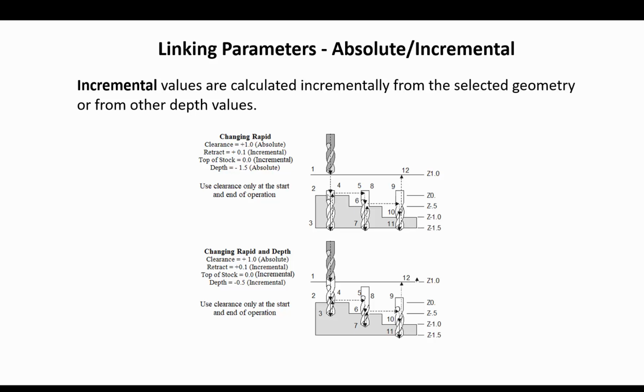We select them at different Z heights, and the top of the stock set to incremental will be set to those heights. The tool rapids to the clearance height, and then rapids down to the retract, which is set to incremental, so it's measured 100 thou above the top of the stock, and then it feeds into the material until it reaches the final depth Z minus 1.5.